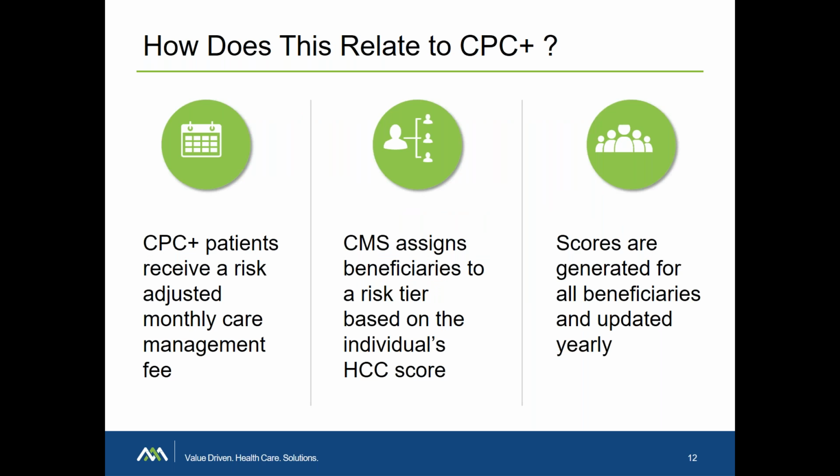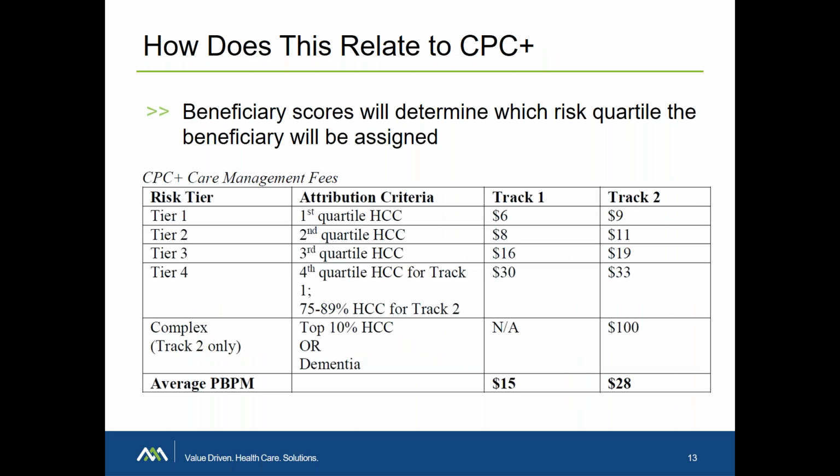So how does this relate to CPC Plus? CPC Plus patients receive a risk-adjusted monthly care management fee. CMS assigns beneficiaries to a risk tier based on the individual's HCC score, and then scores are generated for all beneficiaries and they are updated on a yearly basis. The beneficiary scores will determine which risk quartile the beneficiary is assigned.